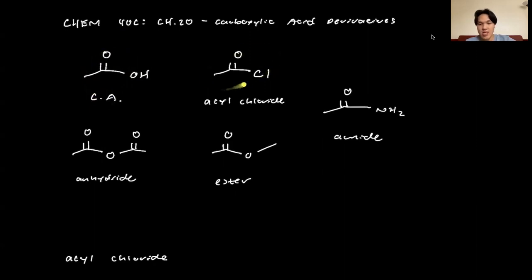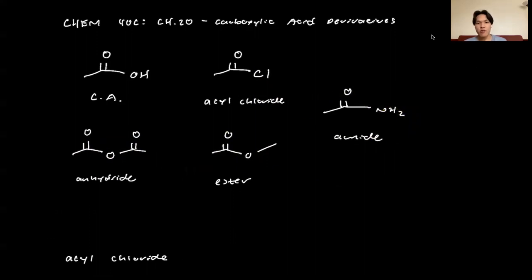So first off, we have the acyl chloride. This can be any halogen, but we usually use chloride or bromide. We have anhydrides. As you can see, it's like two esters sort of, but with a carbonyl at the end. We have, of course, esters as we know, and then the least reactive out of all of them, amides, right?